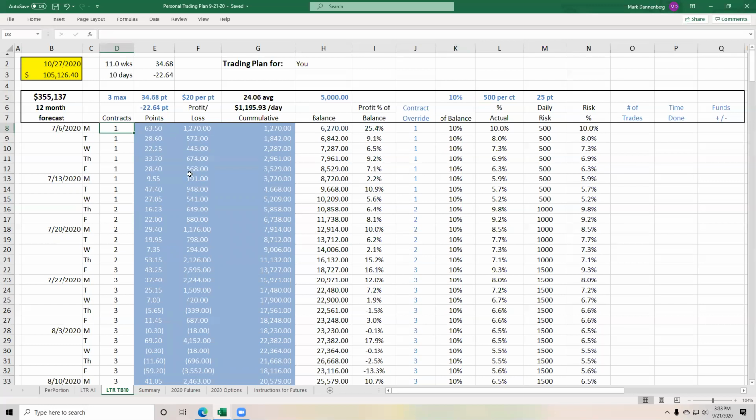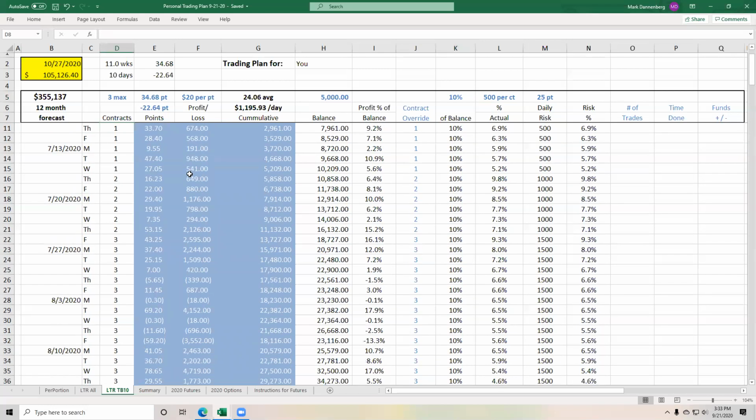Now everything in blue are the weeks that have already passed by. That's actual performance that's been logged in every day as we complete the market day. As the account grows, the number of contracts that we can trade grows because now we're still less than 10% of the balance of the account.